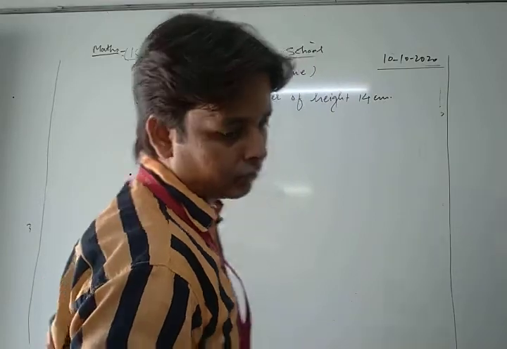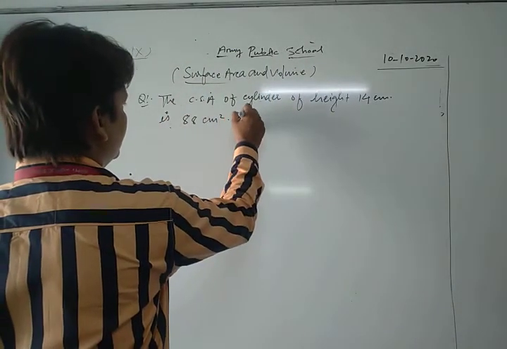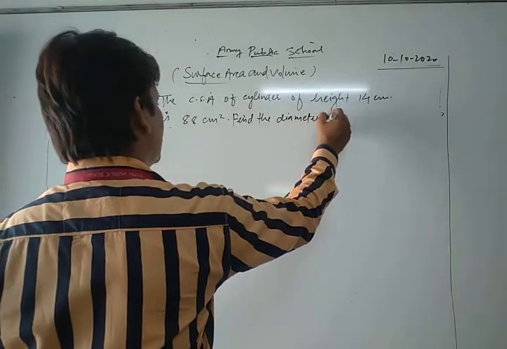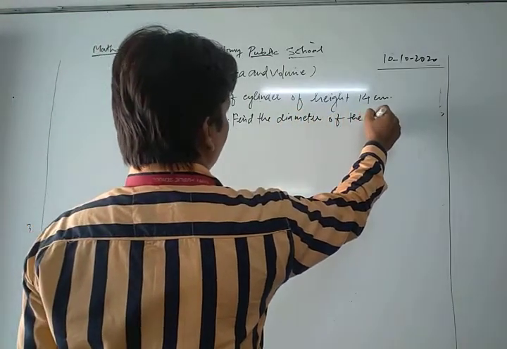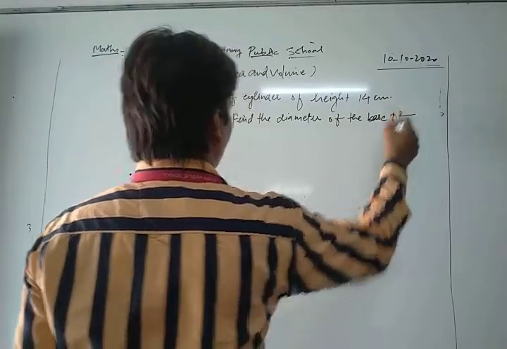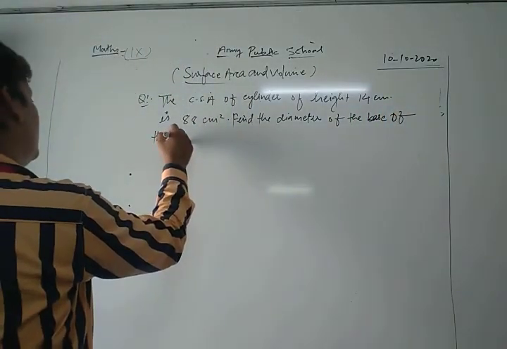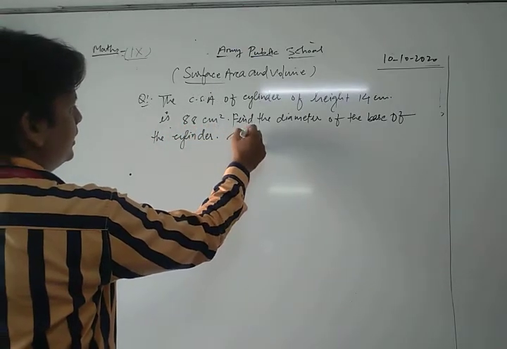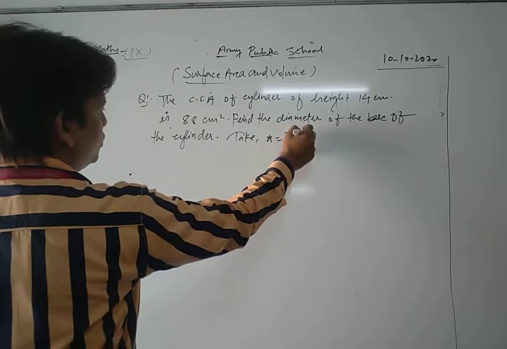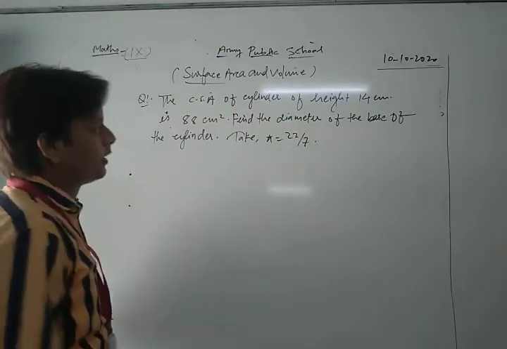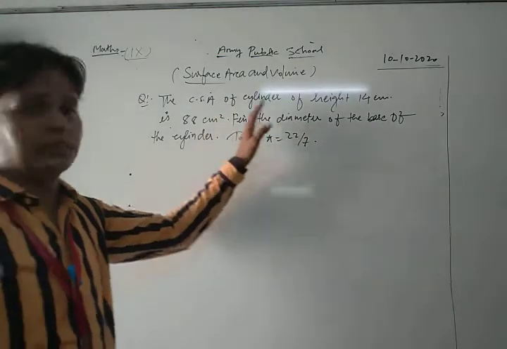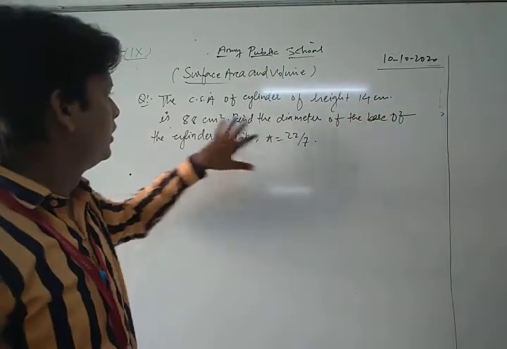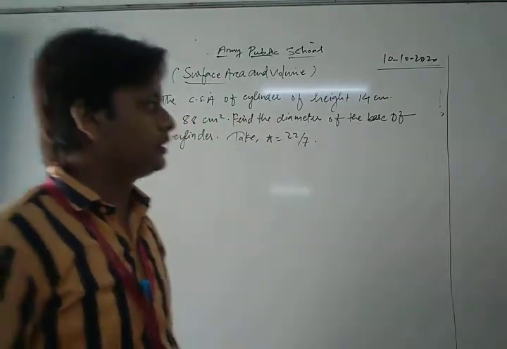Find the diameter of the base of the cylinder, and take the value of pi as 22 by 7. Here our question is the curved surface area of a cylinder of height 14 centimeter is this. Find the diameter of the base of the cylinder.